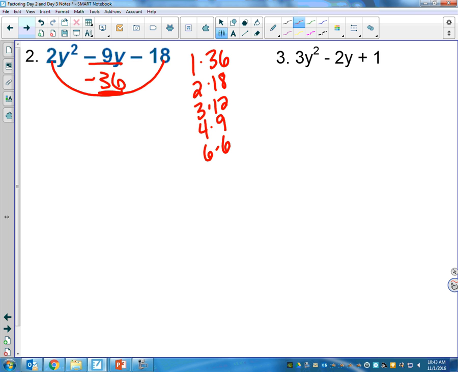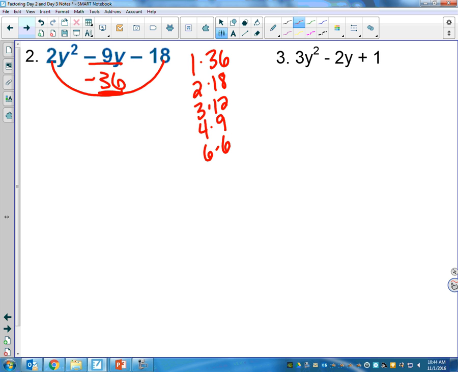But again, if you get stuck, that's what you should do over to the side or with the calculator. Come up with all the factors of 36. And you have to pick the one that you could put together by adding or subtracting to get 9. So what should it be in this case?